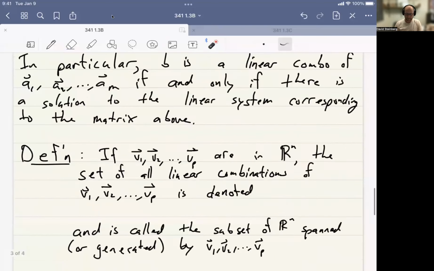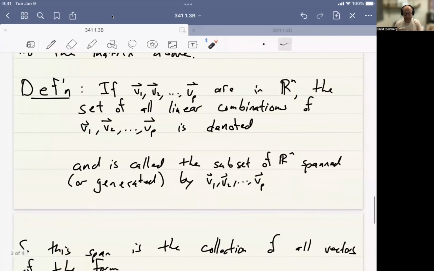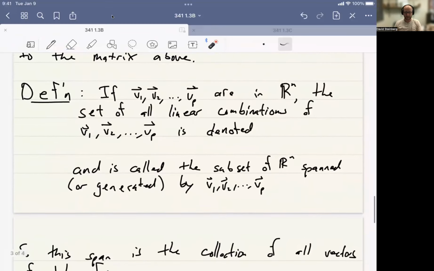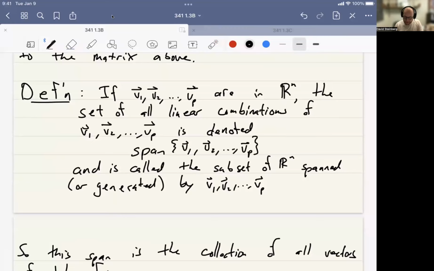Okay. So then closely related to the notion of linear combination is the notion of span. If we're given some collection of vectors v1, v2, up to vp in Rn, the set of all linear combinations of these is denoted span of v1, v2, all the way up to vp, and called the subset of Rn spanned or generated by these vectors.